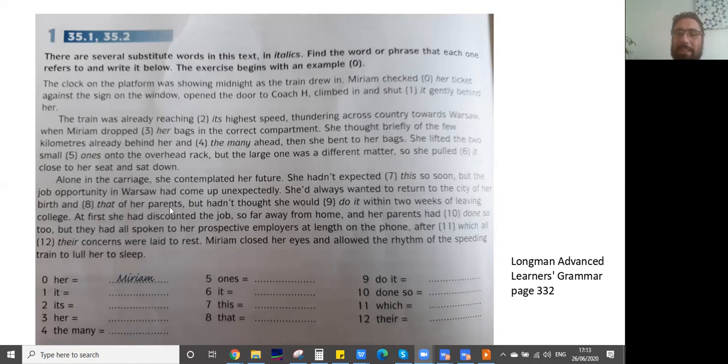Thank you, Satish. Discounted the job. So maybe at the beginning they thought, oh, I can't do this. There's no way that I'm going to get this job. So they just discounted it, didn't think maybe it was possible. But they had all spoken to her prospective employers at the time on the phone, after which.